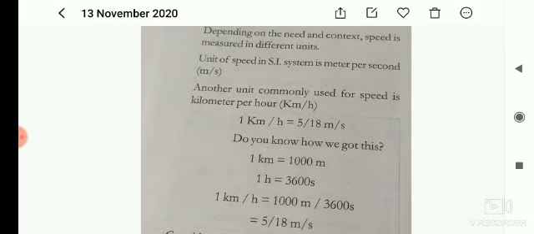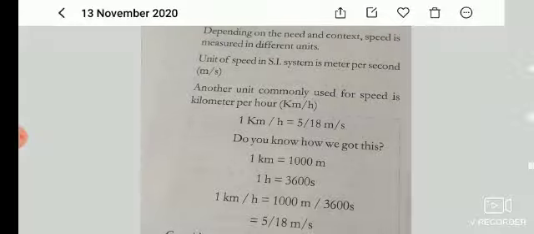Do you know how we got this? 1 kilometer is equal to 1000 meters and 1 hour is equal to 3600 seconds. Now if you see 1 kilometer per hour is 1000 meter by 3600 seconds, that is equal to, when we calculate this, 5 by 18 meters per second.